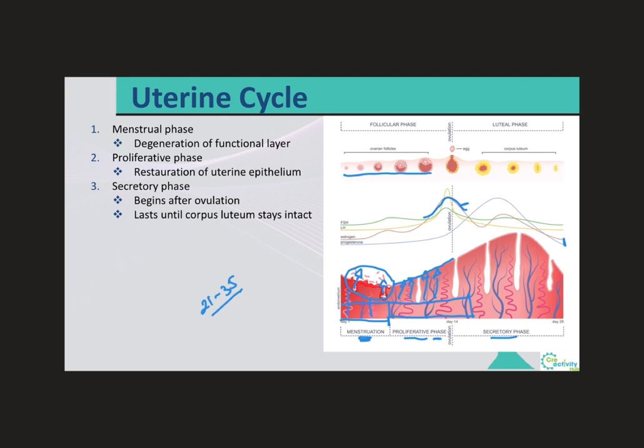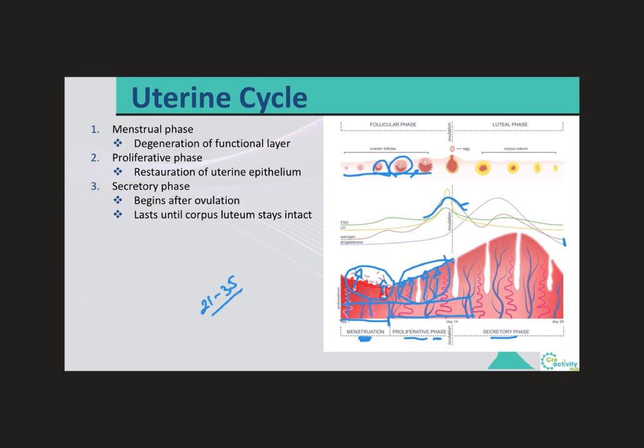This restoration will occur while the primary and secondary follicles are enlarging in the ovary, as we can see from the part of the image on top. And estrogen secreted by the developing ovarian follicles will stimulate and also sustain this proliferative phase.